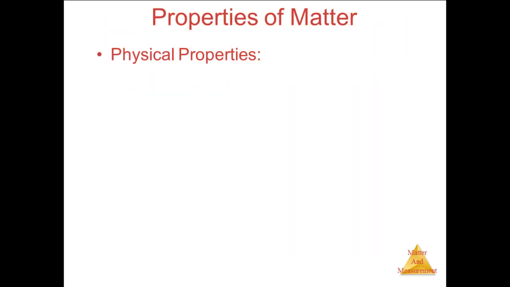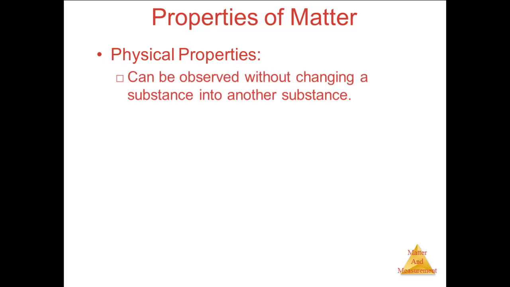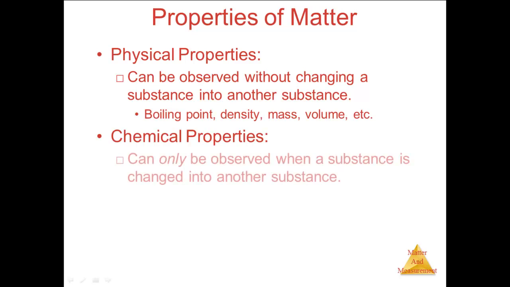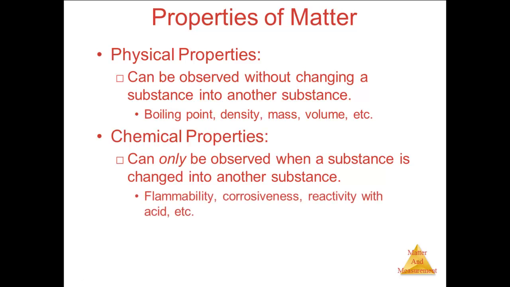We can separate them into physical properties, which keep the substances the same, some examples of which are boiling point, density, mass, and volume, and chemical properties, which change the substances. Some examples are flammability, corrosiveness, reactivity with acids, and so forth.